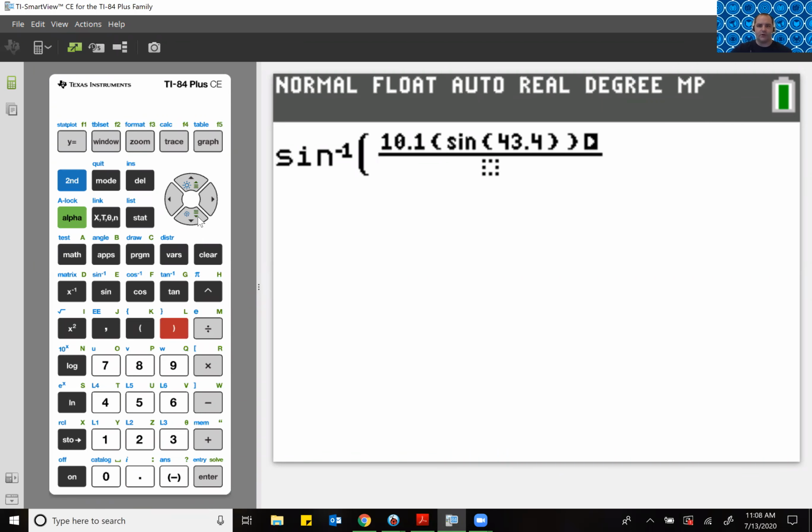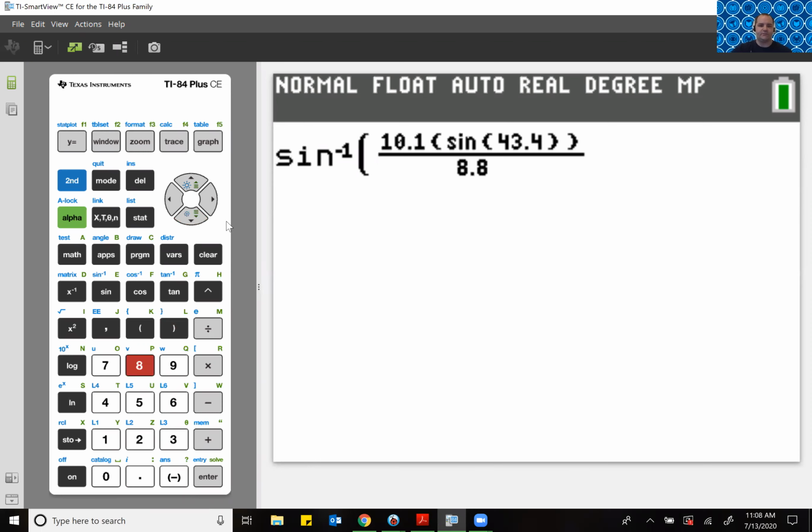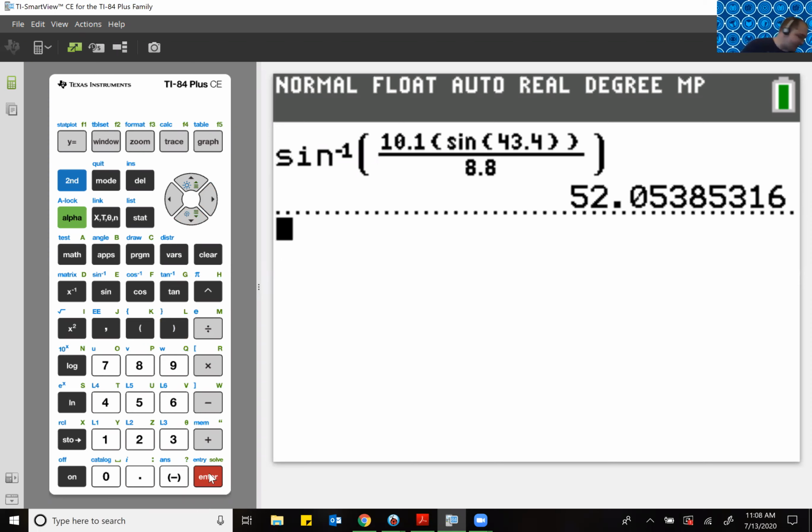Make sure you watch all those parentheses and close them up. 8.8. Scroll out to the side, close it. So this actually gave us an answer. That means we now at least have one or two triangles, because this actually gave us an answer.